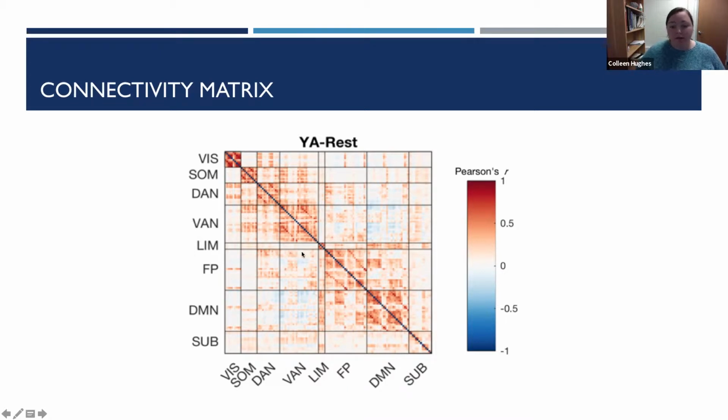There's heterogeneity, so visual is pretty tightly coupled with itself. In the DMN, you can see some subblocks emerging, and that's pretty typical because the DMN here is quite large, I think 26 regions. There's work in aging that suggests certain subsystems of the DMN are more impacted by aging than others, so it's not surprising to see sub-networks emerge.